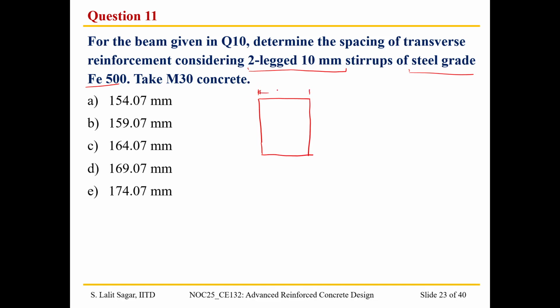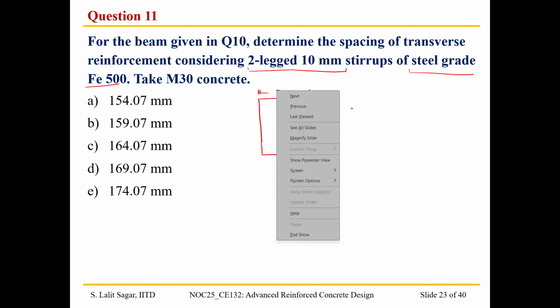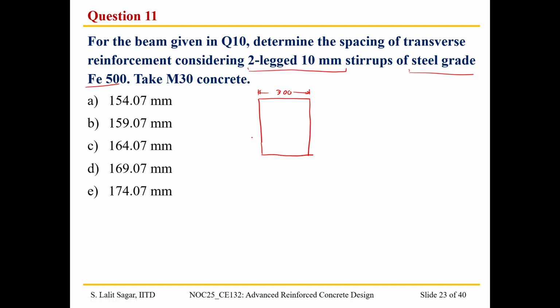So the width is 300 millimeter, and the depth is 600. Then we are going to consider an effective cover of 50, and then the effective depth would be 550 millimeter.